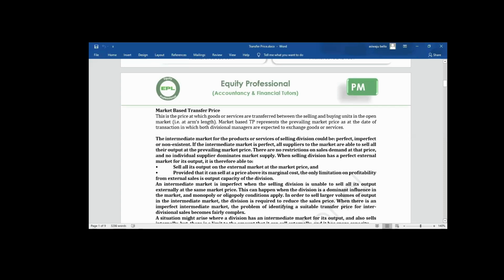Division A can sell the whole 500,000 units at an external market price of, say, 1,000 naira. That is a perfect external market. If Division A is transferring any items internally to Division B, those items must be priced at 1,000 naira, the prevailing market price.